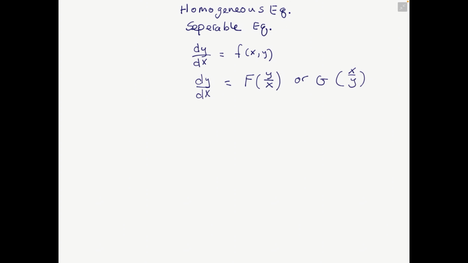And if it can be written as y over x, we substitute a variable, v equals y over x, or x v equals y.